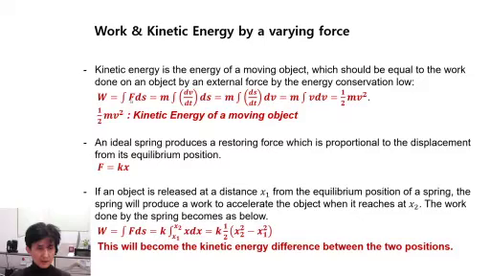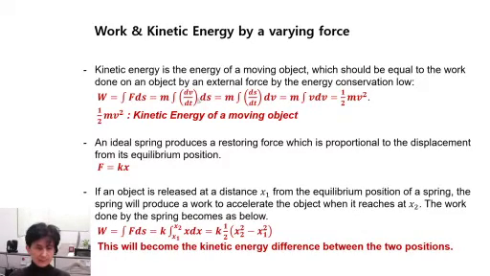And F is equal to ma by Newton's law. If I rewrite a, that is dv over dt, that's the derivative of velocity, it becomes acceleration. So we can write that the work is m integral of dv over dt with ds.